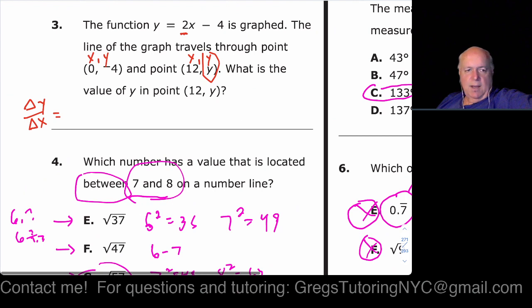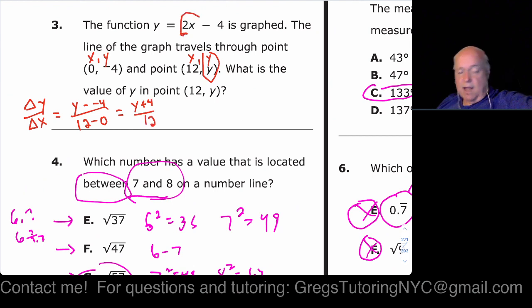So basically, we're going to get y minus the minus 4 over 12 minus 0. So that's going to give us y plus 4 over 12. Now, again, we know that the slope is 2, so let's solve for y by making that equal to 2.